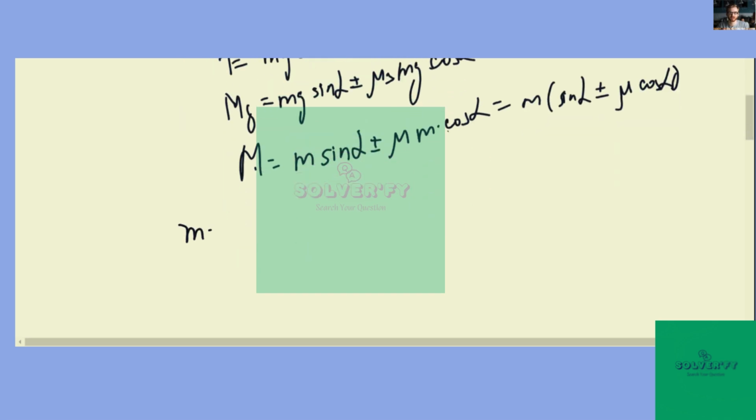Therefore, m small equals M capital over sine alpha plus minus mu cosine alpha.